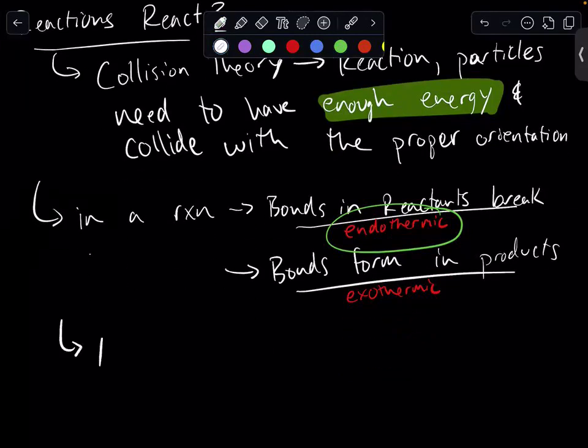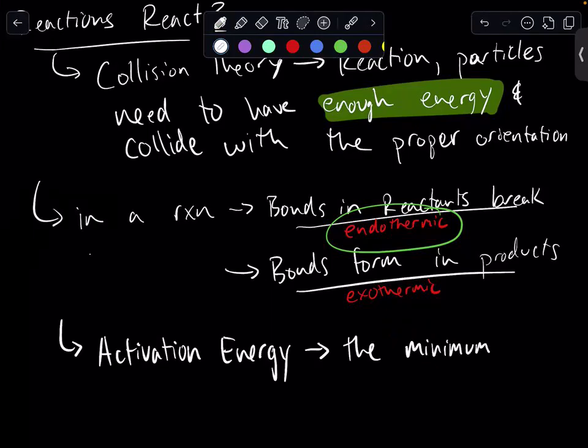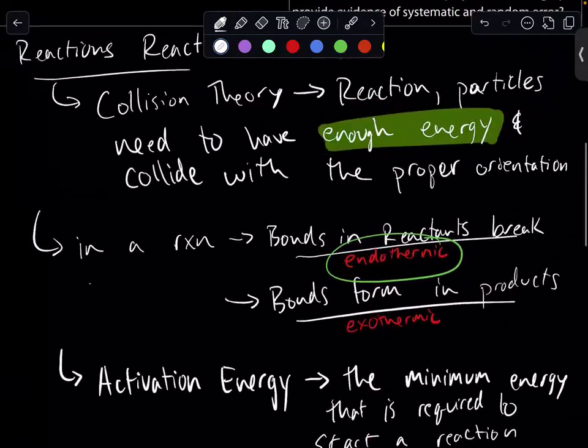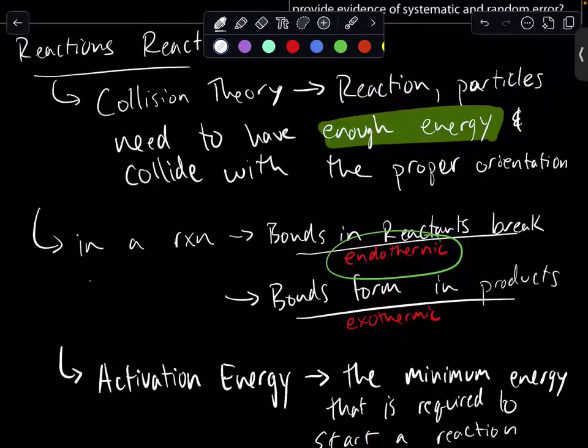So this is what we call activation energy. Activation energy is the minimum energy that is required to start a reaction. And so when we say enough energy, like we do right up here, what do we actually mean?